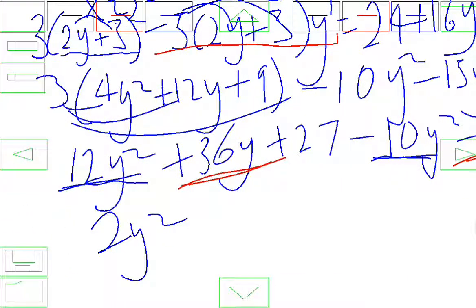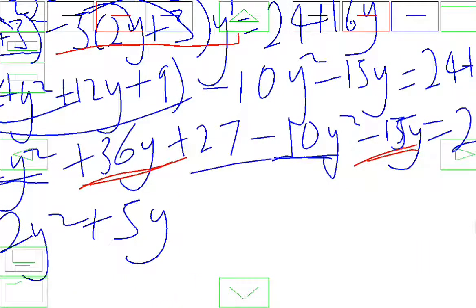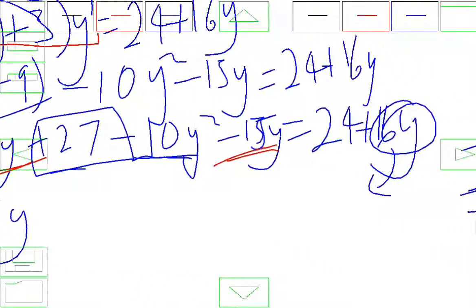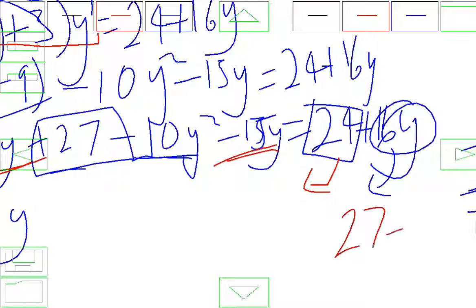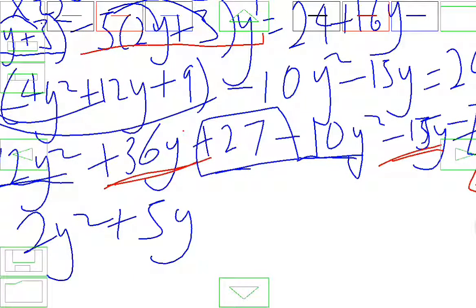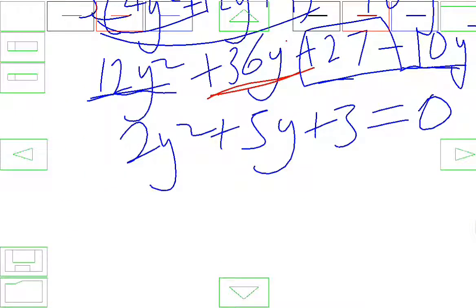So we can say plus 5y, and don't forget the plus 27, and then this 24 we'll take that side, it will be minus. So 27 take away 24 will actually give us 3. So let's write it down here, plus 3. This now will become 0 because we got rid of that.